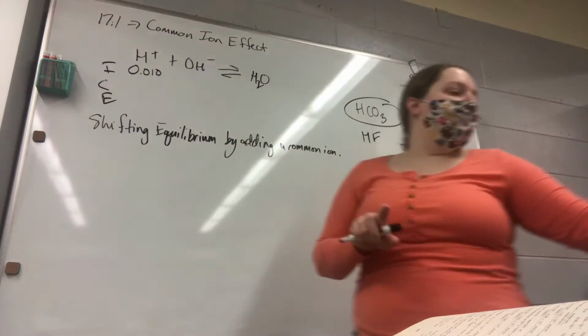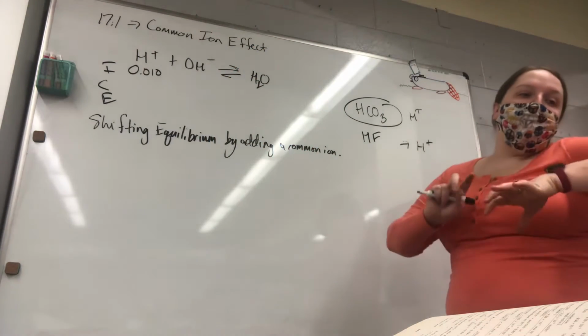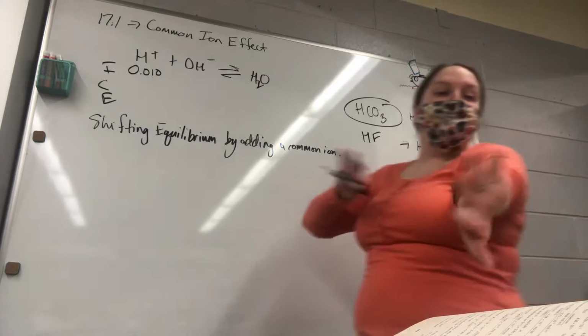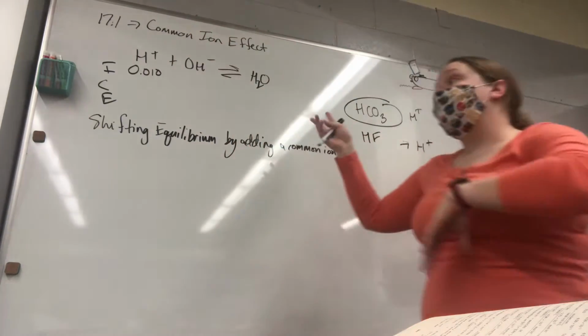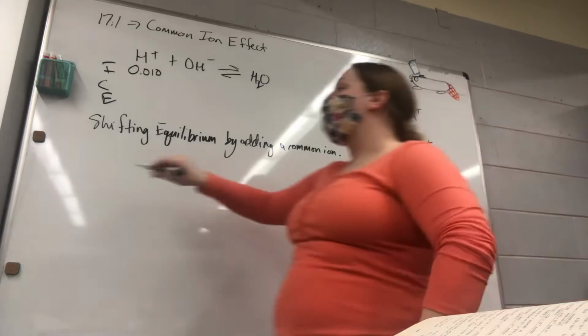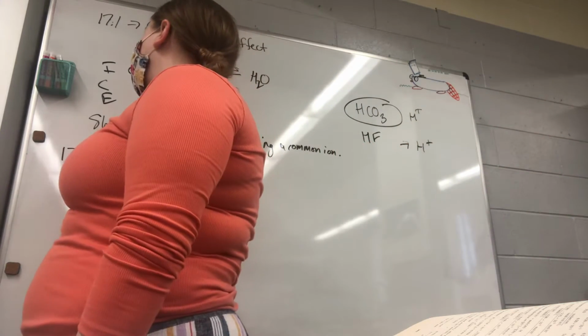Okay, so the next topic then, and this was just a very introductory piece of information for our common ions. The next one we were going to talk about then is buffers.